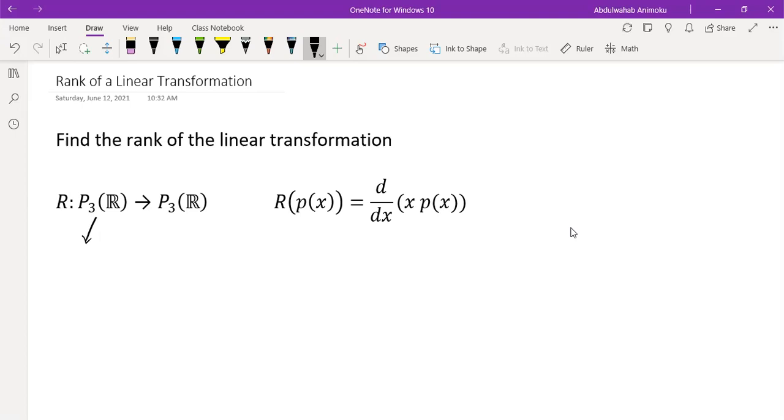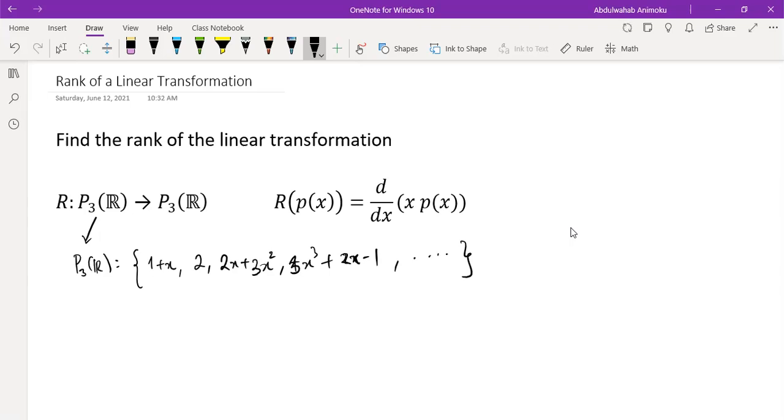So the vectors in this particular space would be just a polynomial set that would contain anything from a polynomial of degree 0 or degree 1 to degree 2 to degree 3. All of these are the vectors we are expecting from this particular vector space.